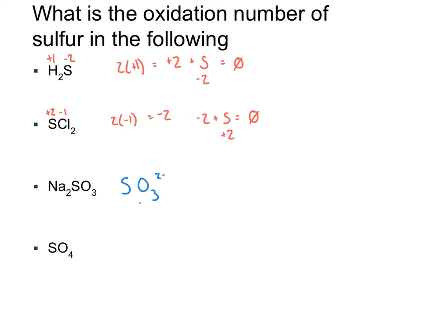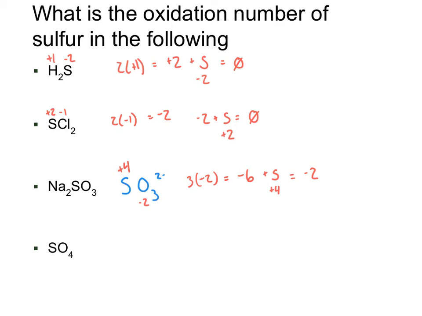We know that the oxidation number on oxygen is -2, and now we have 3 of those -2s for a total oxidation number from oxygen of -6. Plus our oxidation number on sulfur must now be equal to -2, which is our charge on this polyatomic ion. And so in this case, our oxidation number on sulfur must be a +4.